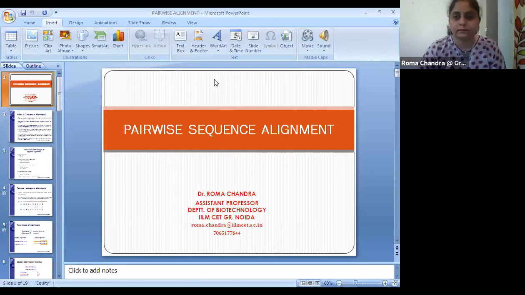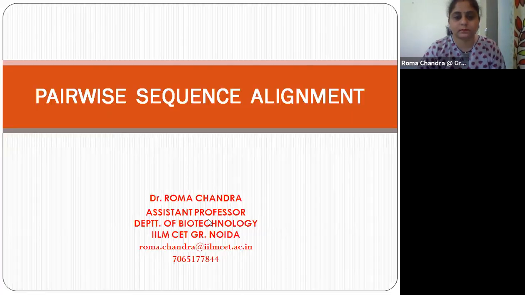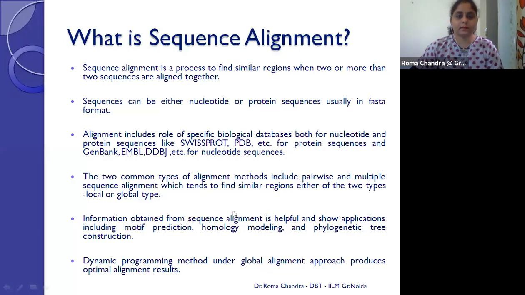Basically there are two kinds of sequence alignment, and what sequence alignment is, we'll discuss today in our session. But my main focus will be on pairwise sequence alignment, talking more about dynamic programming. So I'll start my presentation. What is sequence alignment? The first question is, you need to understand what alignment is.